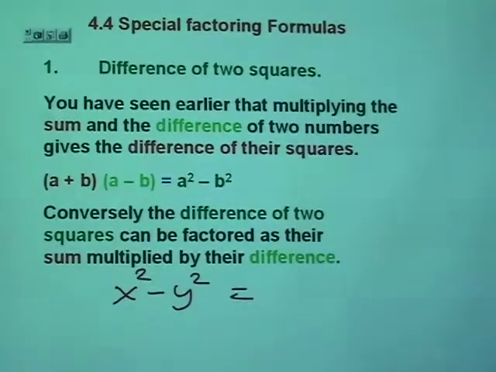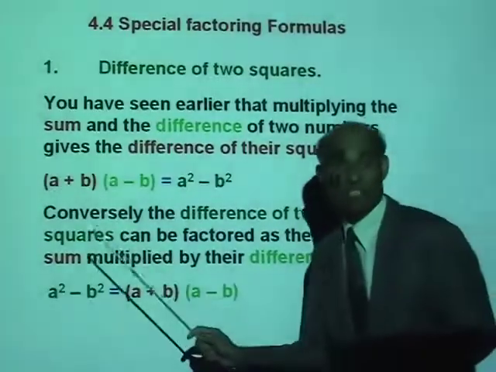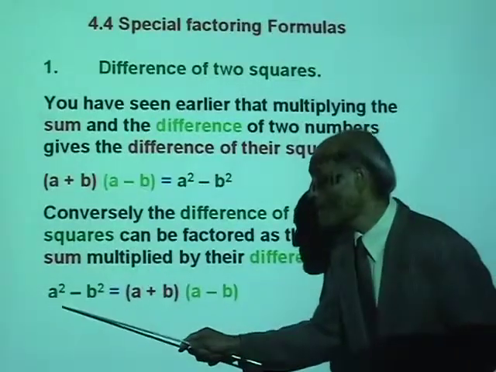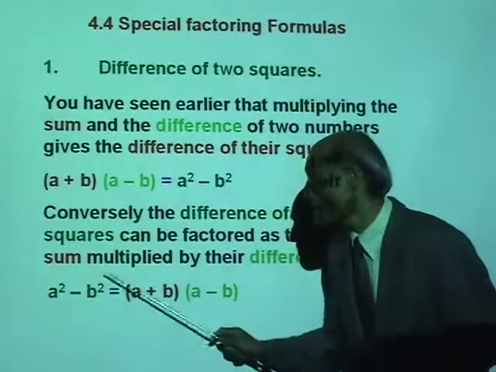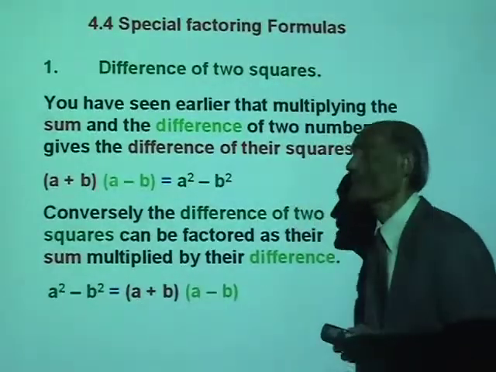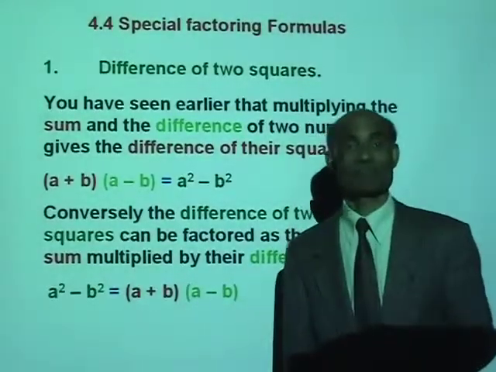So x squared minus y squared will be x plus y multiplied by x minus y. In the same way, a squared minus b squared equal to a plus b times a minus b.